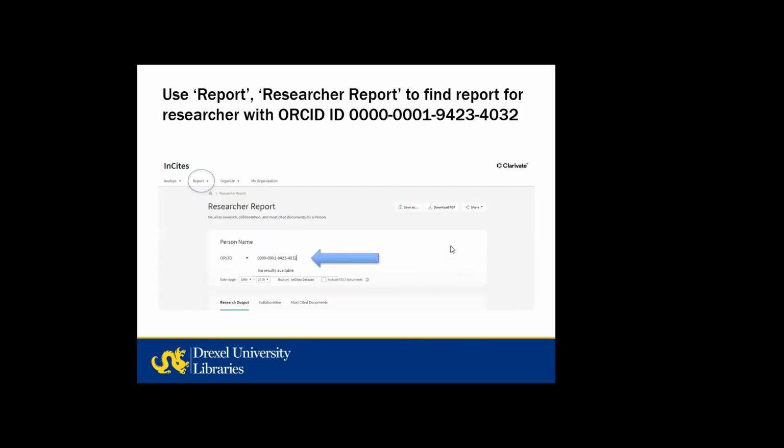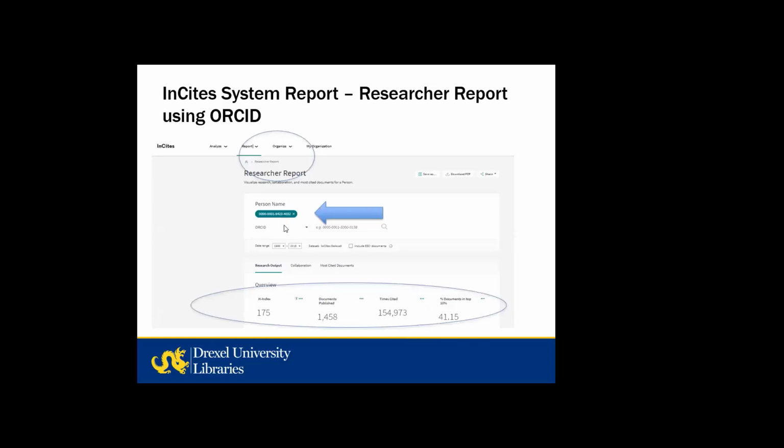So how do I do it? Again, I will go to this report option within Insights, and I search by person name. Because I know the ORCID ID number, I just type that ID number here and search for that person. So this is the updated slide. 175 H index for that person with 1,458 published documents.